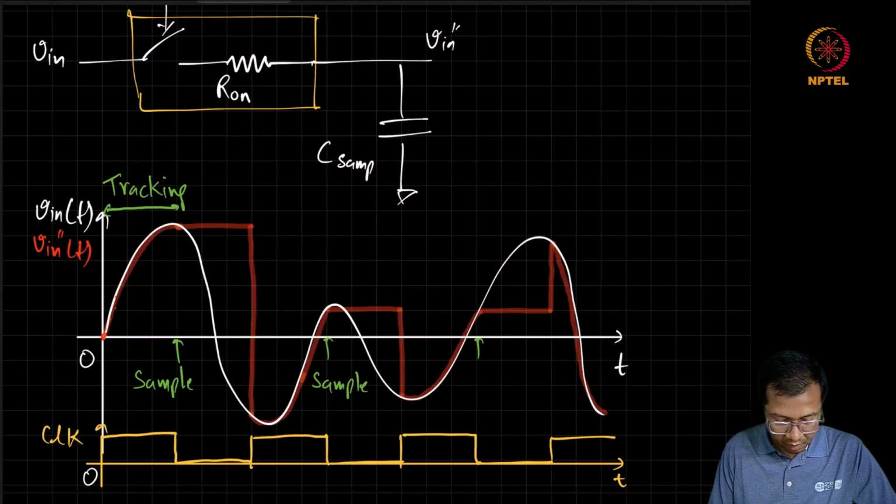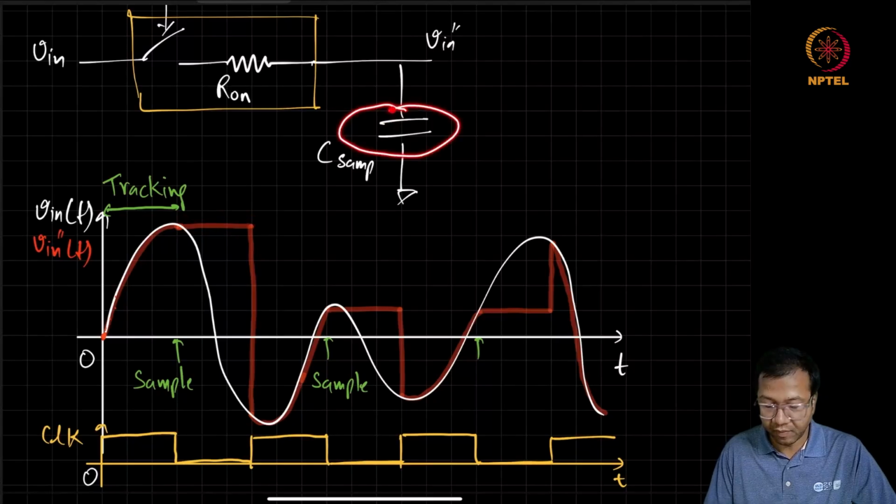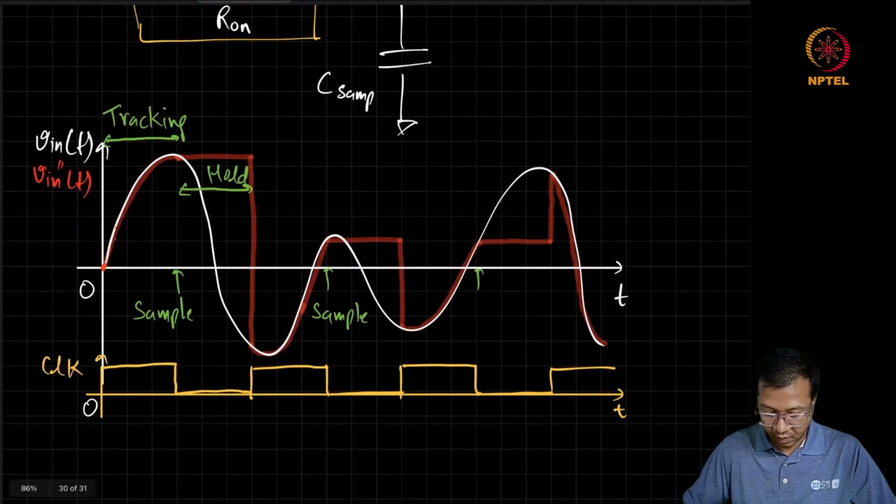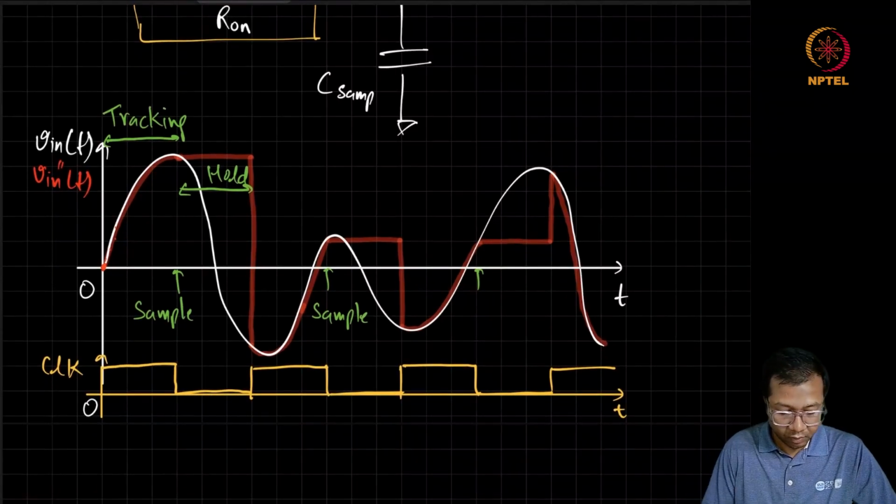Okay. Once the signal has been sampled, during this duration, the signal is held constant with the help of the sampling capacitor. This is also called the hold phase. And these phases of tracking, sample, and hold are going to repeat every clock cycle.